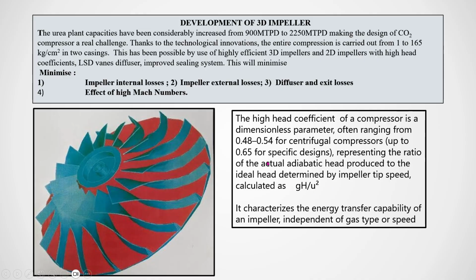So if the value, polytropic head by tip speed squared, is between 0.48 and 0.55, then this 2D impeller with high head coefficient can also be used.